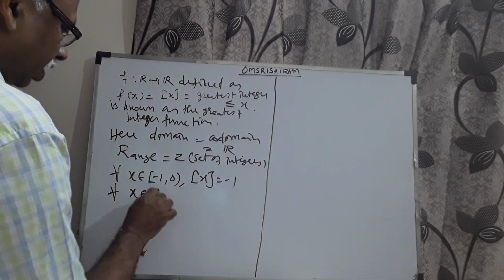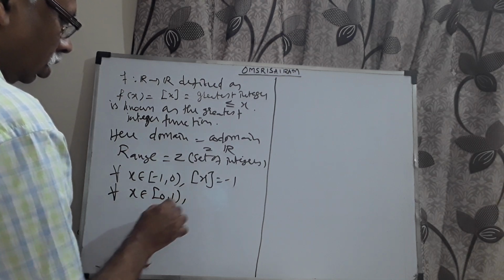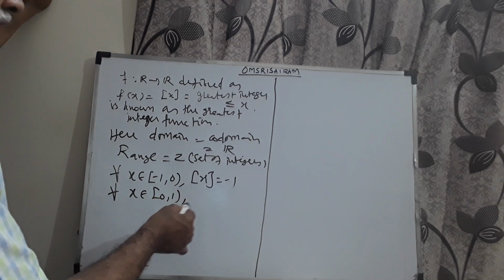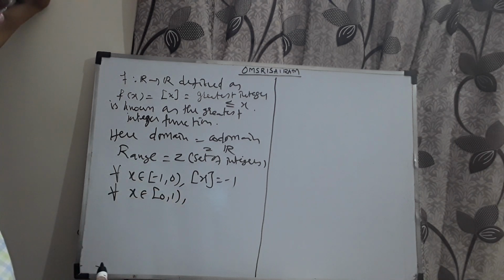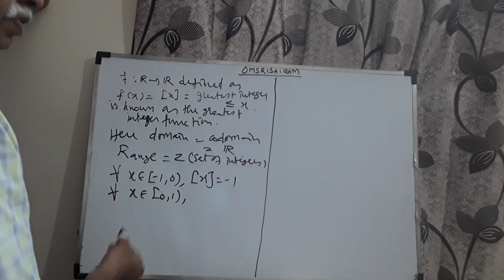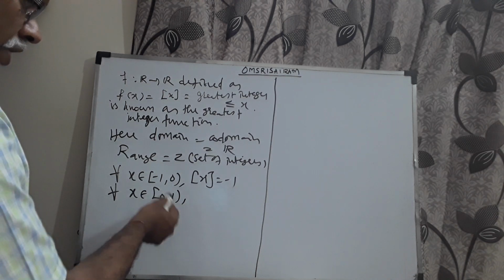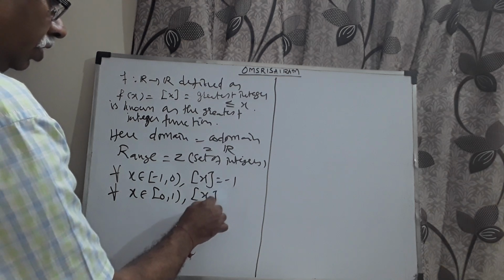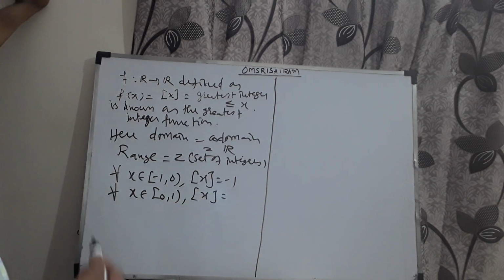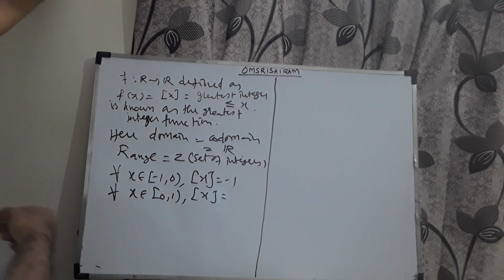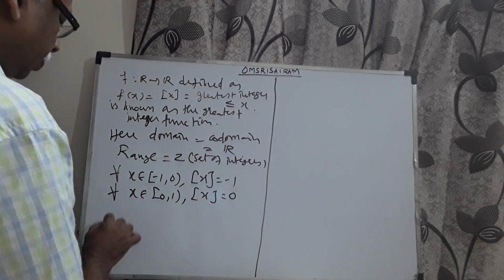Similarly, for every x element of [0, 1), it is 0 as well as 0.9, 0.8, etc. Nearer to 1, whatever value it may be, there are infinitely many integers below that. What are they? 0, -1, -2, etc. Out of which the greatest integer is 0.